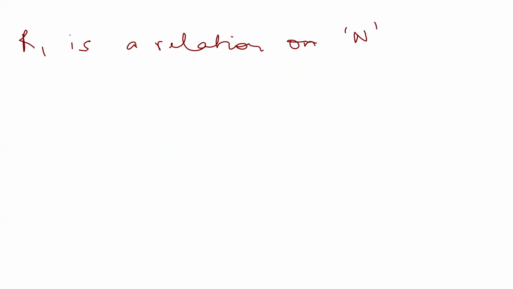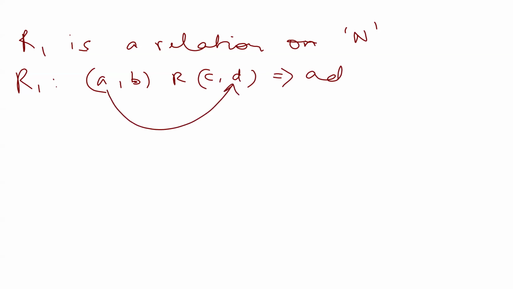On a set of natural numbers, it is defined as A comma B relates to C comma D implies product of the extremes into sum of the means equal to product of the means into sum of the extremes.